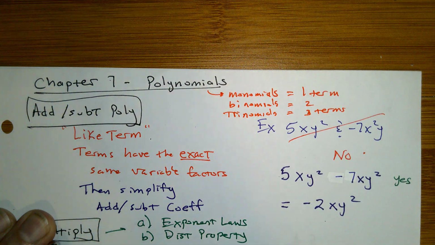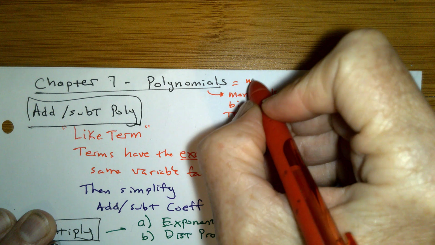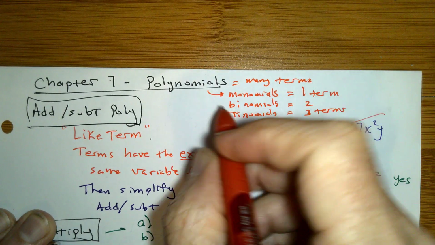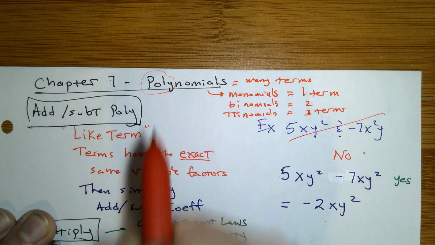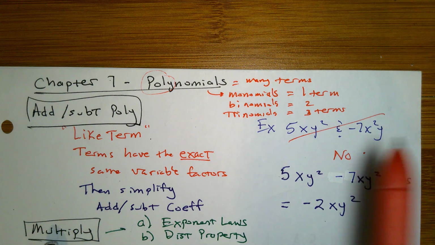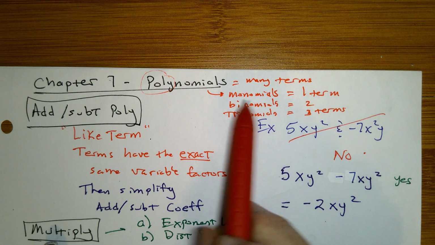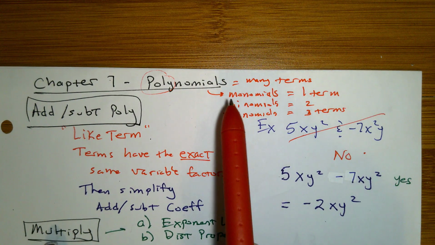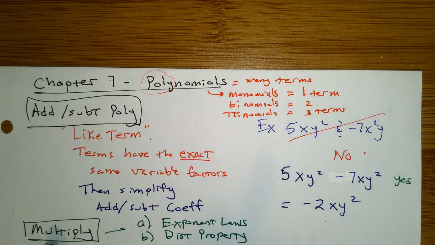And then polynomial just means many. So that's what that prefix is referring to. It's a Latin word for many. So a lot of times we just call everything polynomials. But sometimes we call out a few special polynomials by their specific names, monomial, binomial, or trinomial.